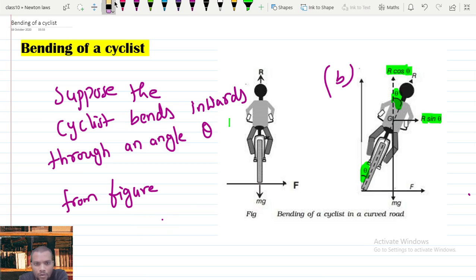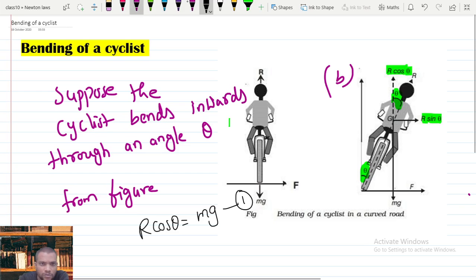First I will write R cos theta, which from the figure is equal to mg. Let this be equation 1. So this R cos theta, the vertical component of the normal reaction, balances the weight of the cyclist and cycle. So mg includes the weight of the cycle plus the weight of the cyclist.